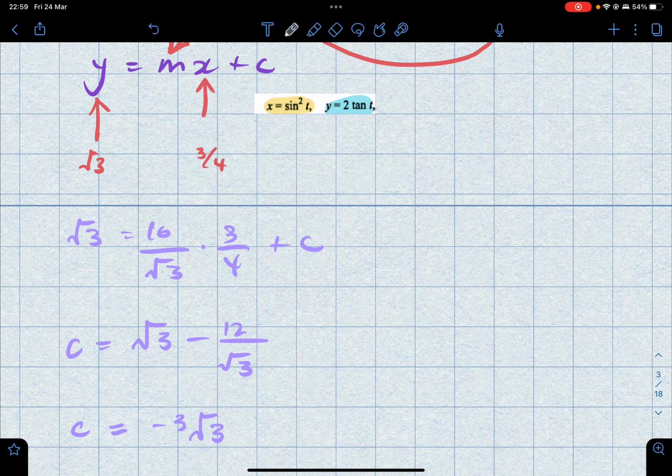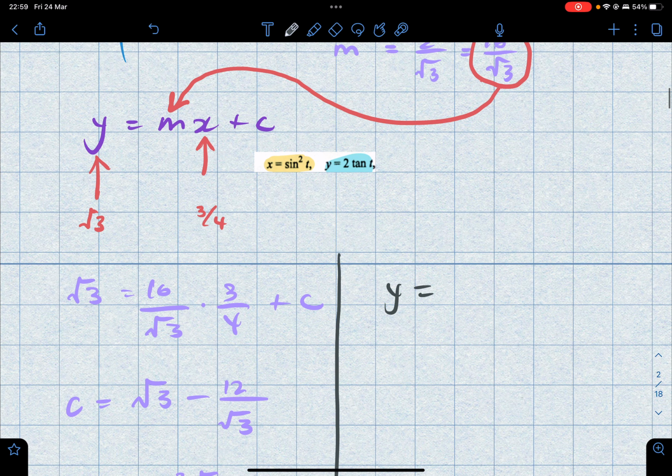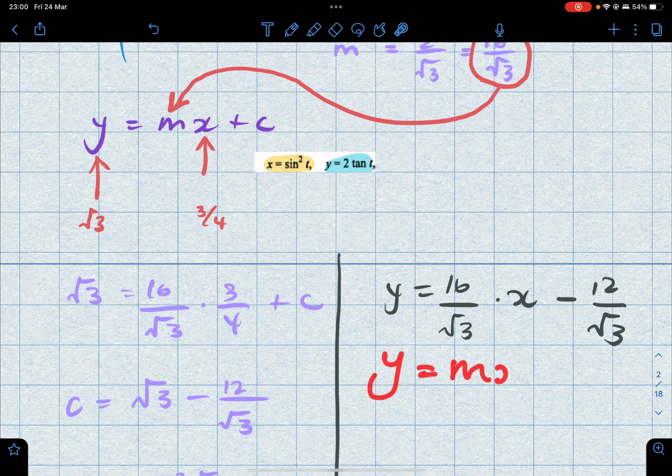So now we can write the equation of the straight line. We can say y equals 16 over root 3 x minus 12 over root 3. So that's y equals mx plus c. This is c, this is m.